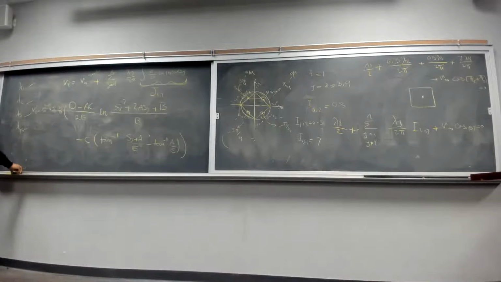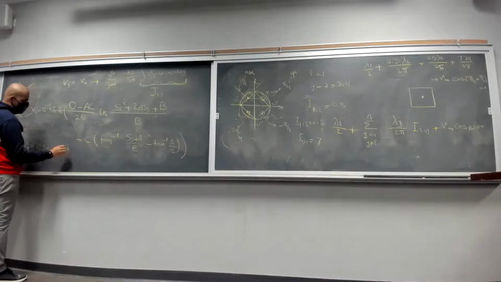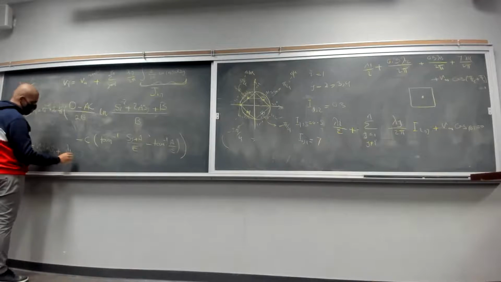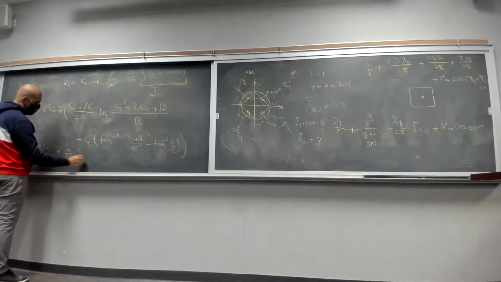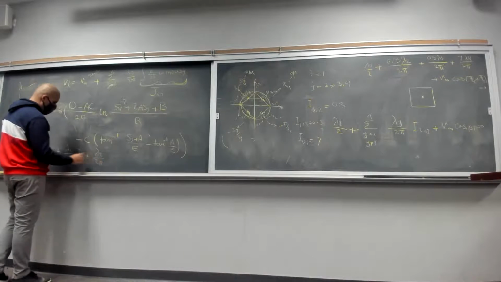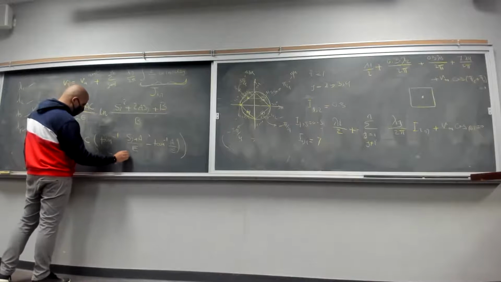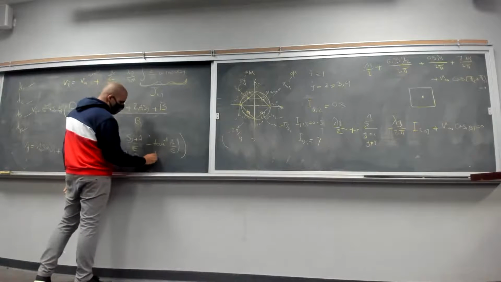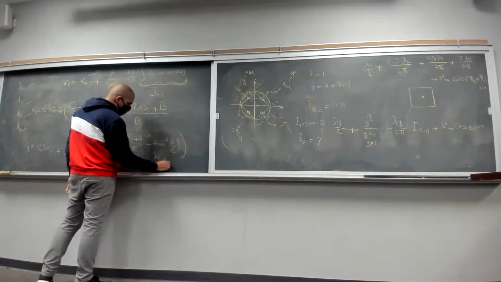Essentially, your V of panel 1 is going to be equal to V infinity sine of beta 1 plus lambda 1 divided by 2 pi multiplied by the solution to that integral, J of 1 and 1, whatever that value is, plus lambda 2 divided by 2 pi, J of 1 and 2, plus lambda 3 divided by 2 pi, J of 1 and 3, plus lambda 4 divided by 2 pi, J of 1 and 4. This time actually j can be equal to i.